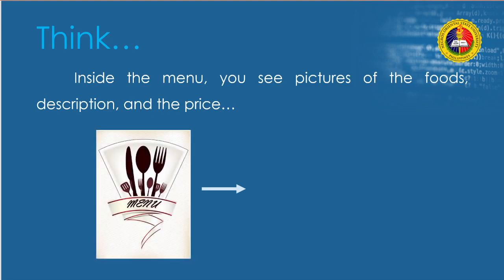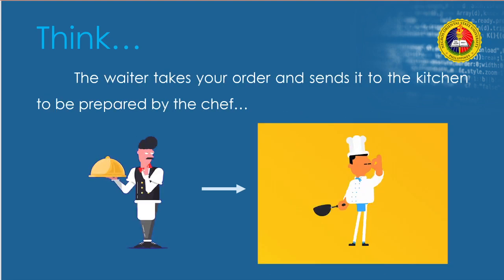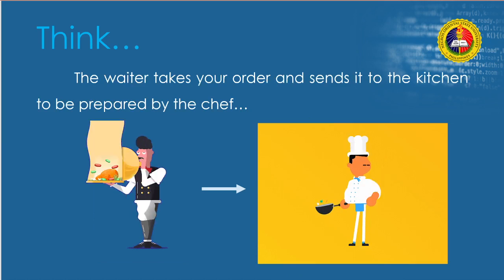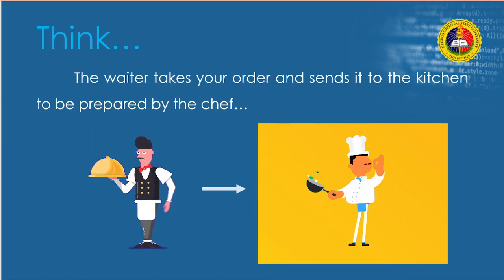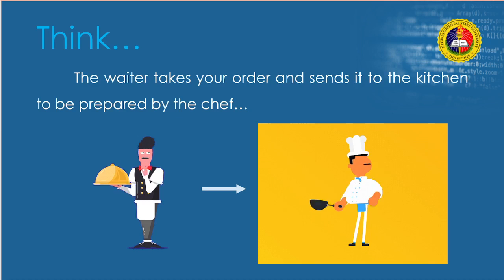And then the waiter takes your order and sends it to the kitchen to be prepared by the chef. Once you've already decided what to eat, the waiter takes your order and sends it to the kitchen to be prepared by the chef. So, it is not the waiter who cooks, it is the chef. The only thing that the waiter does is give you the menu, take your order, and send the order to the chef.